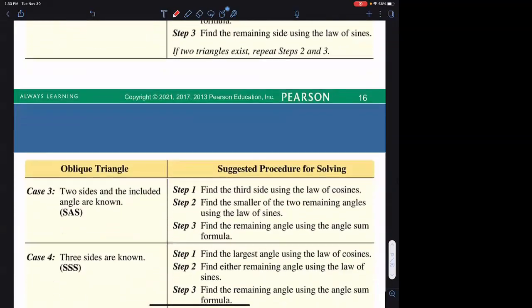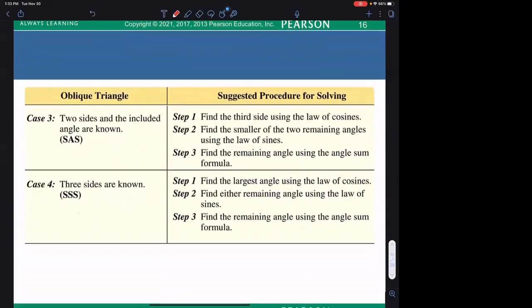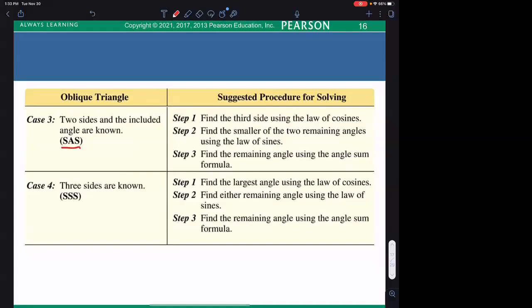So then in case 3, as we just discussed, if you have the angle between the two sides given instead of opposite one of the two sides given, well, then it's more straightforward, but we can't use the law of sines to start anymore. Instead, we have to use this new law, the law of cosines. So if you have two sides and an angle between them, find the third side using the law of cosines.